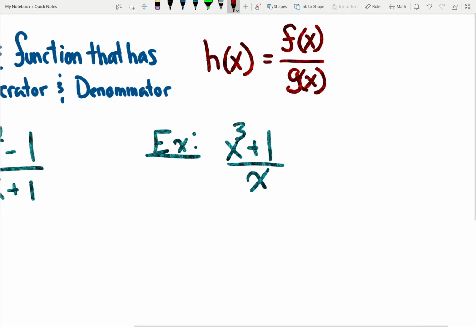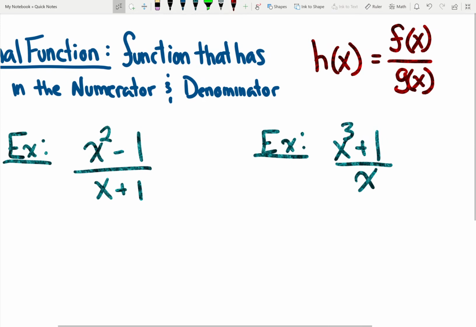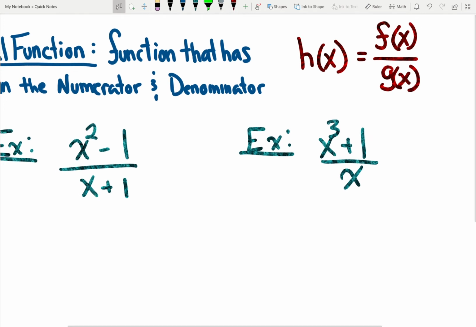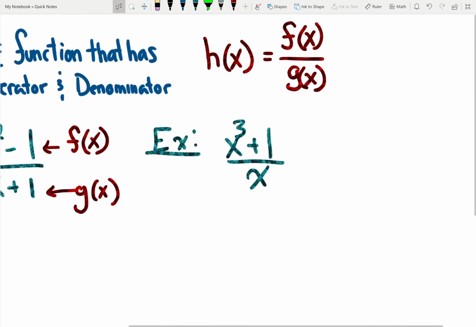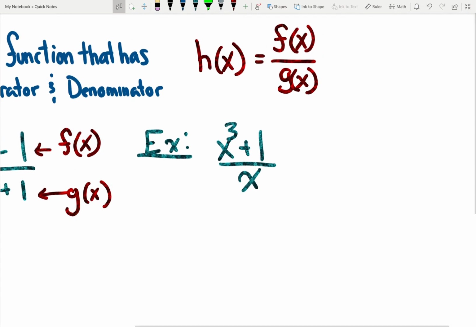So here are two examples. We have x squared minus 1 divided by x plus 1. In this example, this numerator right here we would refer to as f of x, and this denominator right here we would refer to as g of x. Here's another example of a rational function, x cubed plus 1 divided by x.